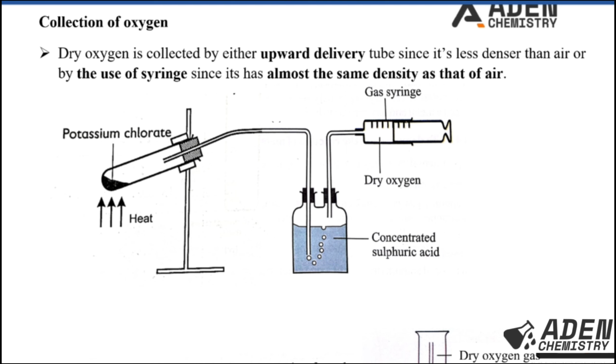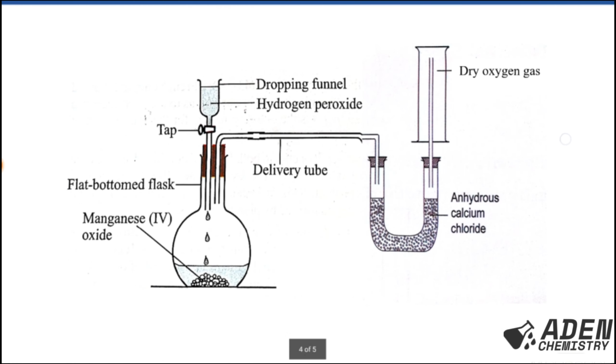So we go again, see the other one. Here we are having catalytic decomposition of hydrogen peroxide by manganese peroxide, and the oxygen gas goes through the delivery tube, where it is dried by anhydrous calcium chloride or calcium oxide in a U-tube, and the dried gas is collected by upward delivery because oxygen is less dense than air.